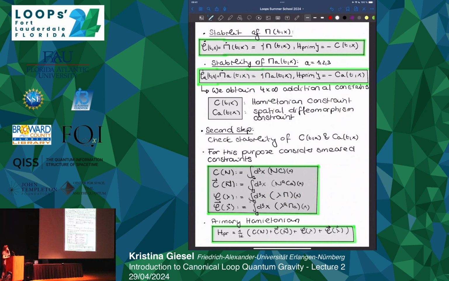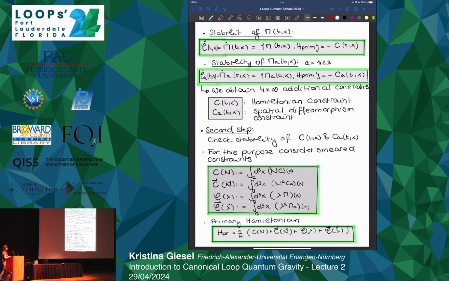And one does this usually not with the constraints directly, but one considers smeared constraints. By this I mean that we consider the Hamiltonian constraint integrated over the entire sigma manifold and then multiplied by the lapse function, which I call C of n. Similarly, for the diffeomorphism constraint, we smear it with the shift vector and then integrate over all sigma.